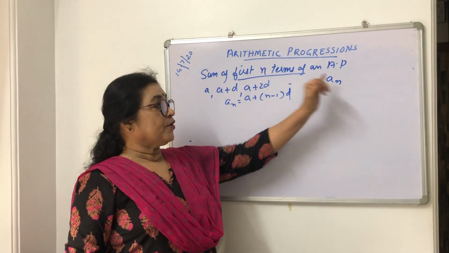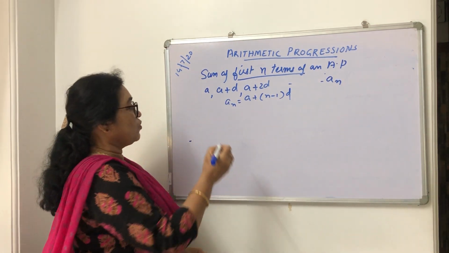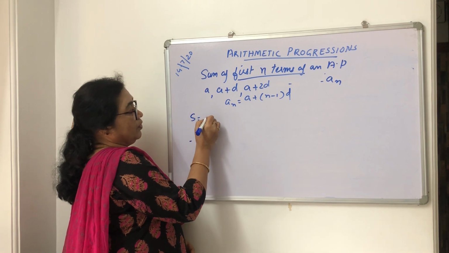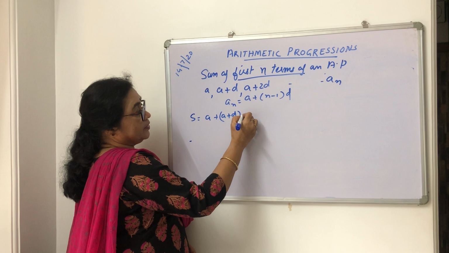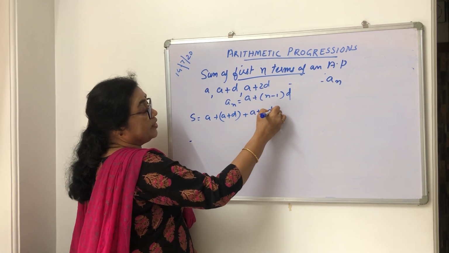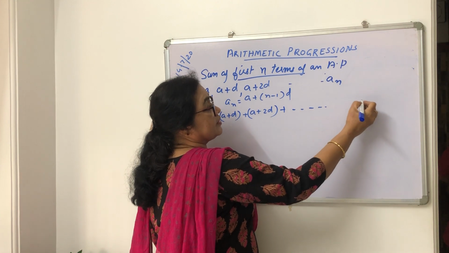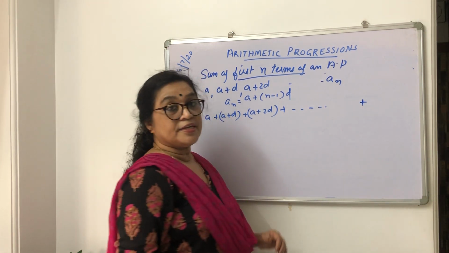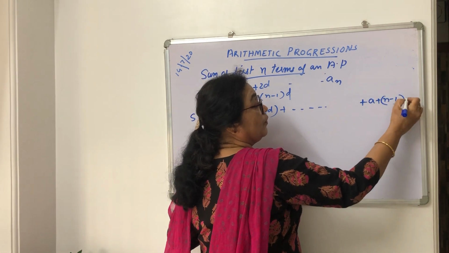So I am going to find the sum of n terms, the sum of all these terms. So S is equal to a plus (a plus d), the third term is a plus 2d, plus etc. The last term is an, and an is a plus n minus 1 into d.